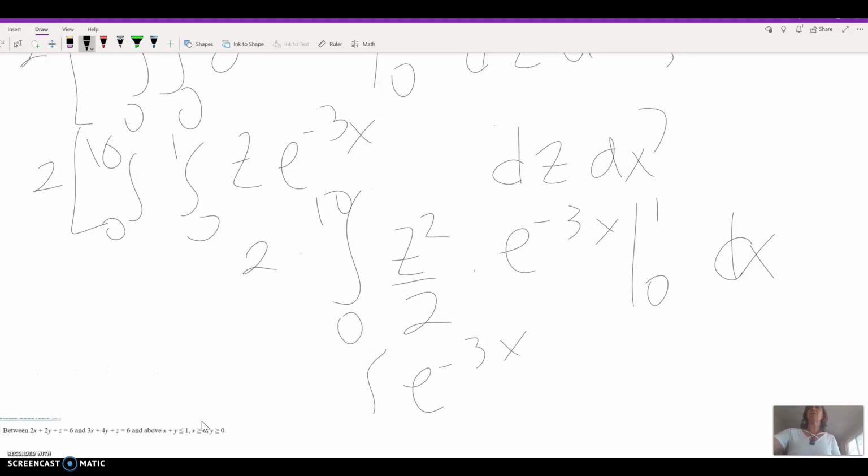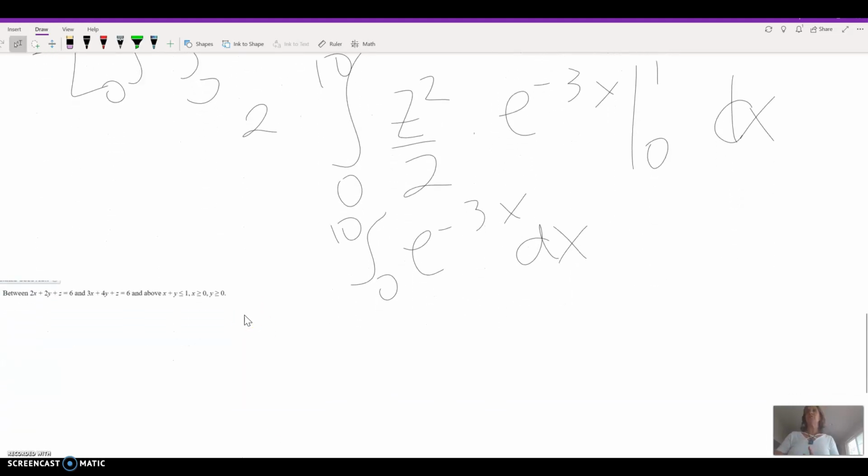And now I'm going to integrate this thing between 0 and 10 dx. Here, this is a review of Calc 1. You would actually need to use a u substitution. I'm going to let you guys check that on your own. It's a pretty simple one. So when you do the u sub here, you should end up with e to the negative 3x over negative 3 between 0 and 10.